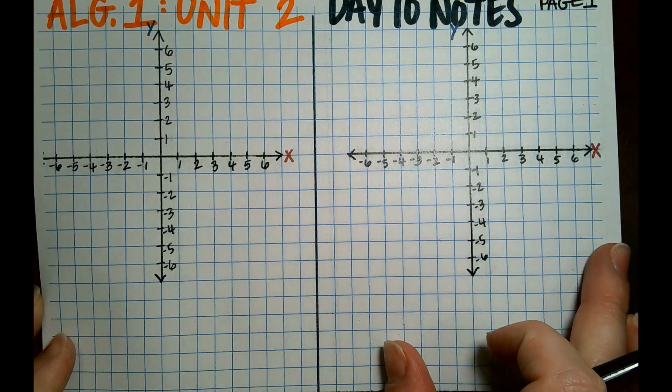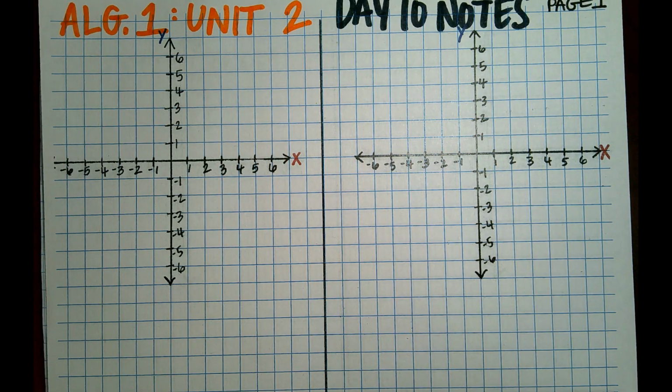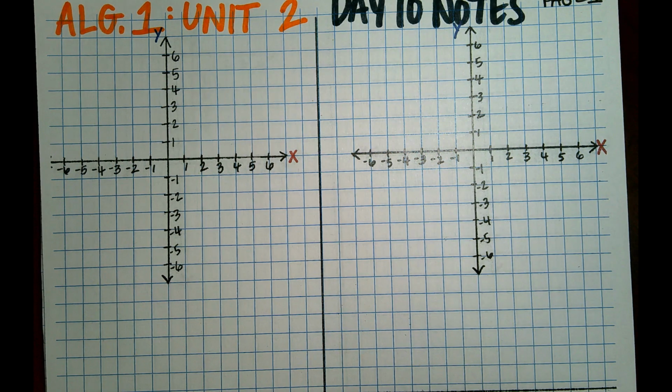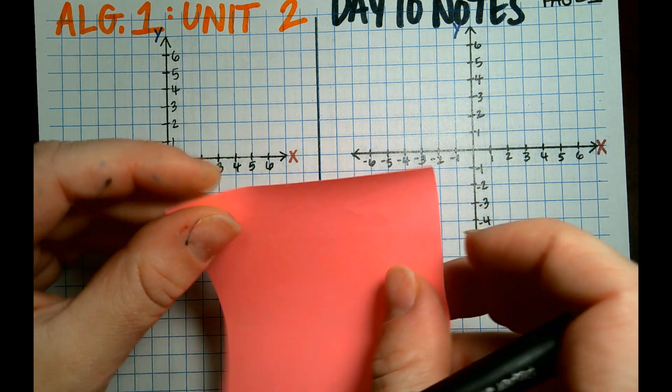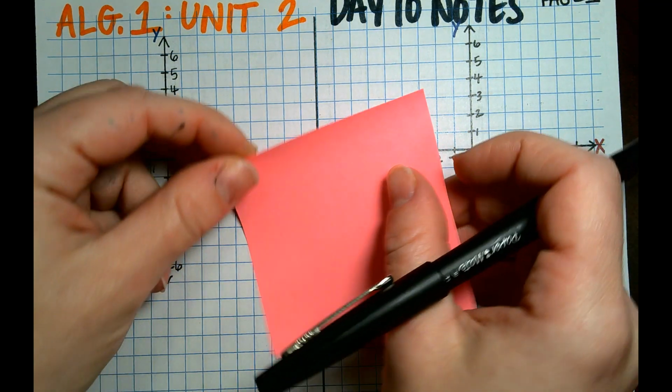So one thing to note, and I'm going to write this on a sticky note so that I can move it around my paper. You all should have sticky notes at your tables. If for some reason any of the tables don't have a pad of notes, let me know. I have some extras I can hand out.